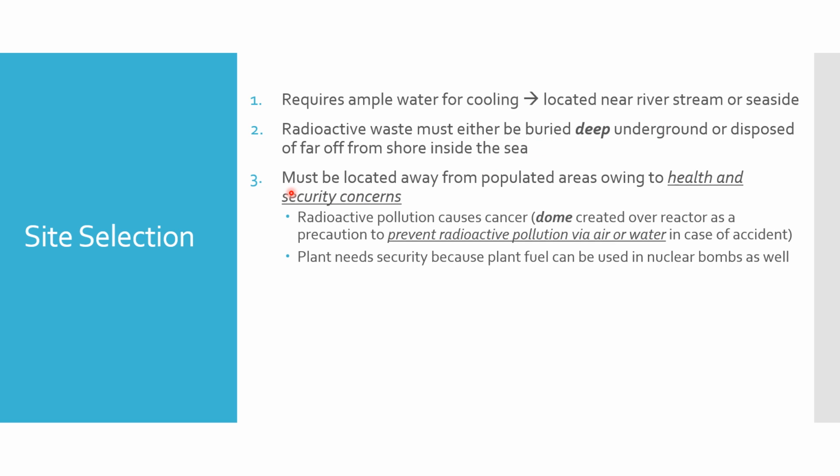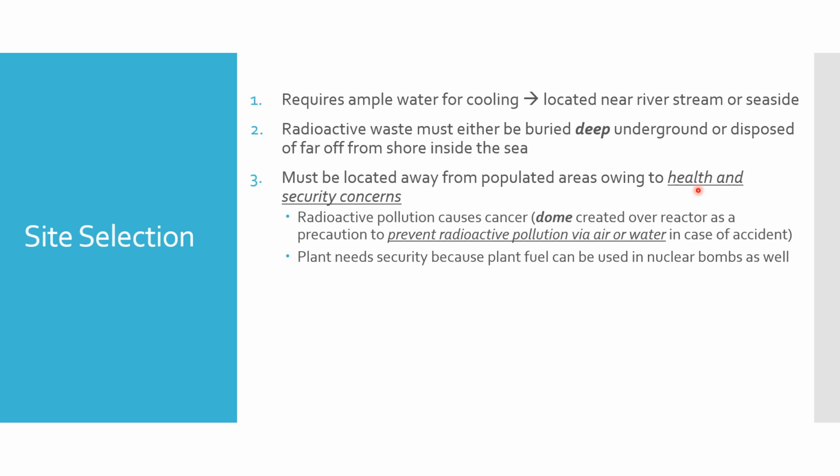So this plant must be located away from populated areas. There are two reasons for that. Number one is health. Obviously, if there are some problems, we do not want these plants to be near populated areas, because as we have seen in the introduction slides, the mishap in Chernobyl caused an entire city to be evacuated.